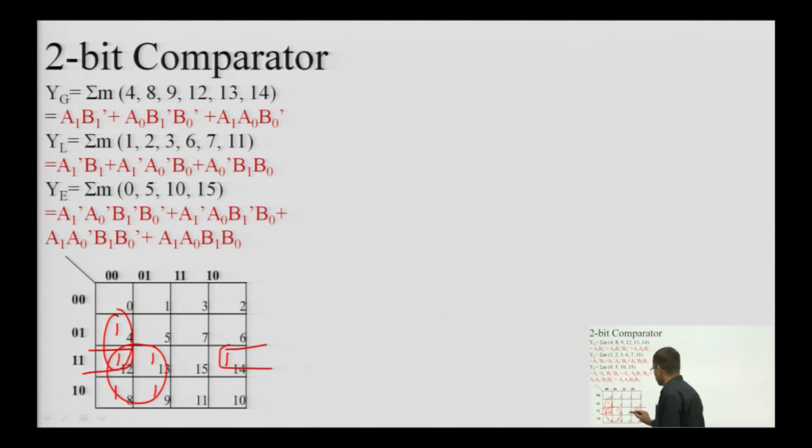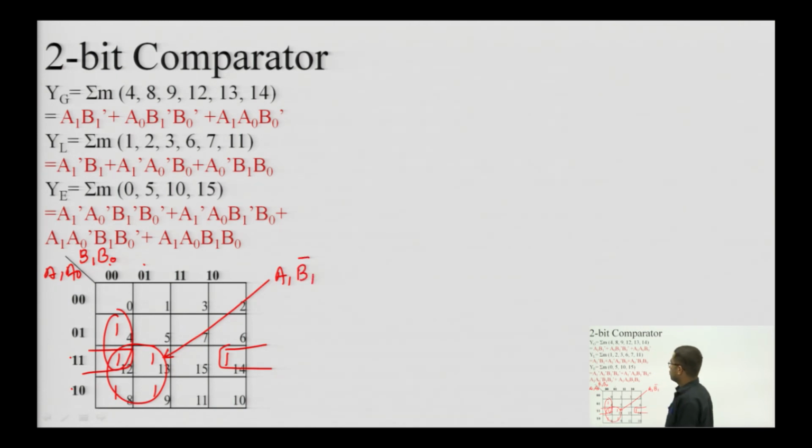Okay. So, for this quad we can see that if we mention here A 1 A naught and B 1 B naught, this quad corresponds to, this one is common, which corresponds to A 1. From these two rows this 0 is common, which corresponds to B 1 complement.